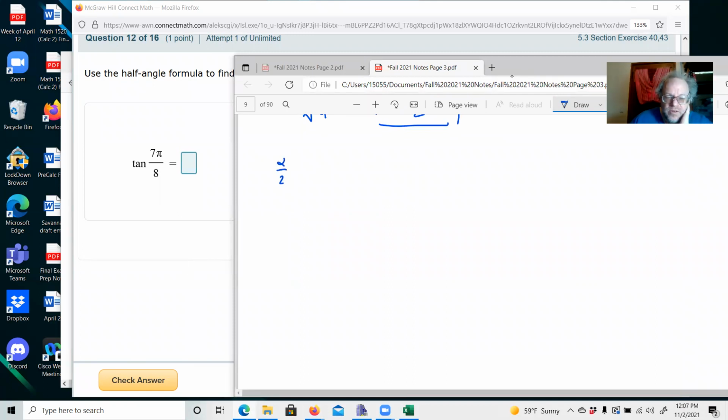Alpha over 2 is equal to 7 pi over 8. Where is 7 pi over 8? This would be 8 pi over 8, so 7 pi over 8 would be about here. This is in quadrant 2. So what's the sign of tangent in quadrant 2?